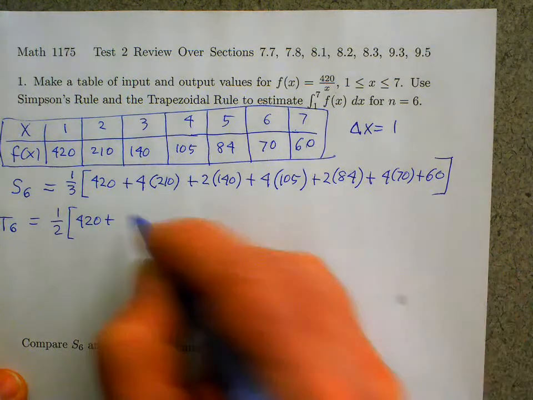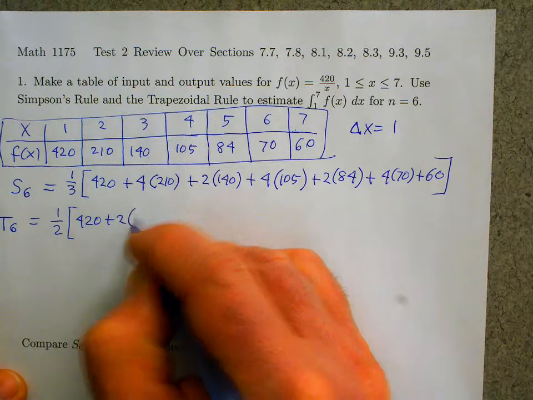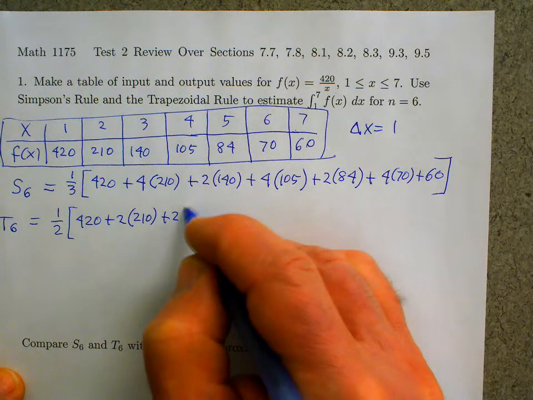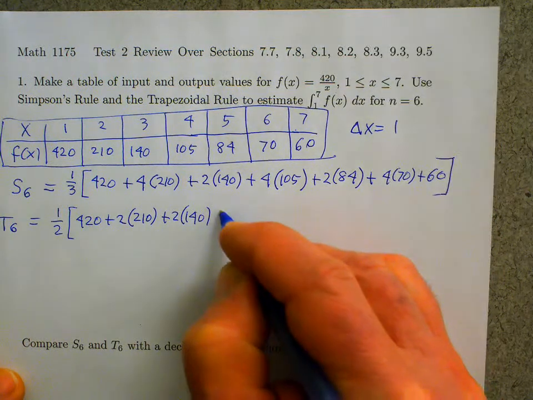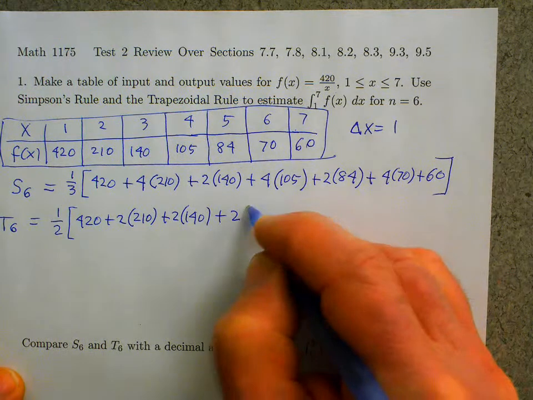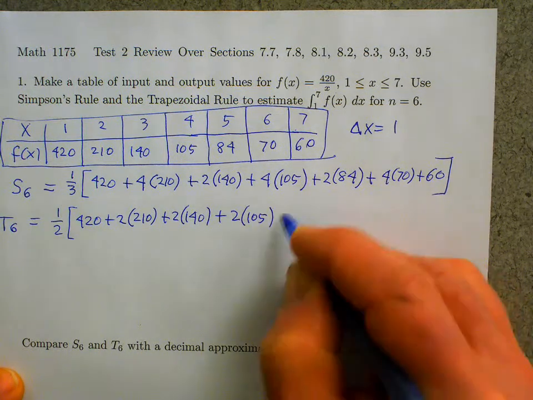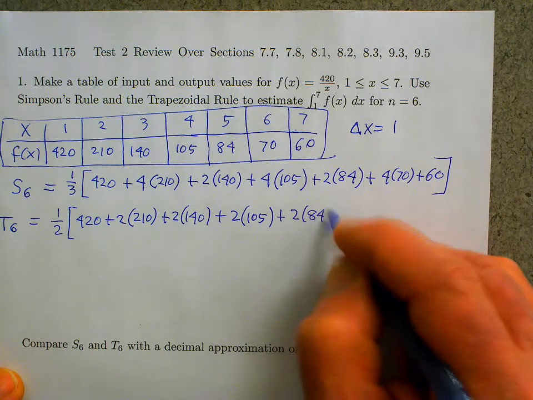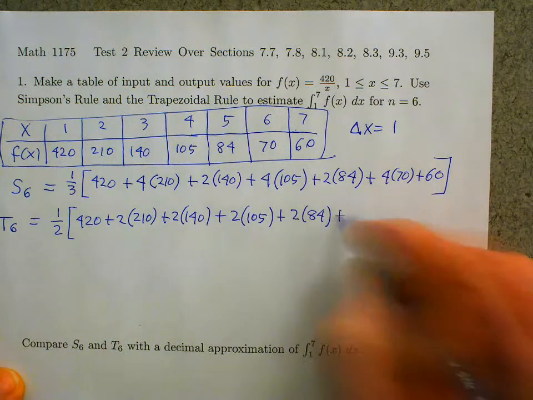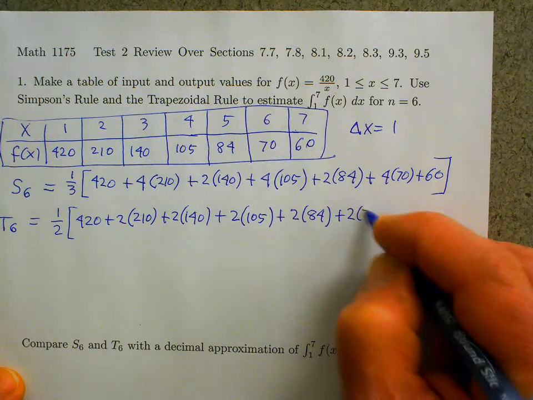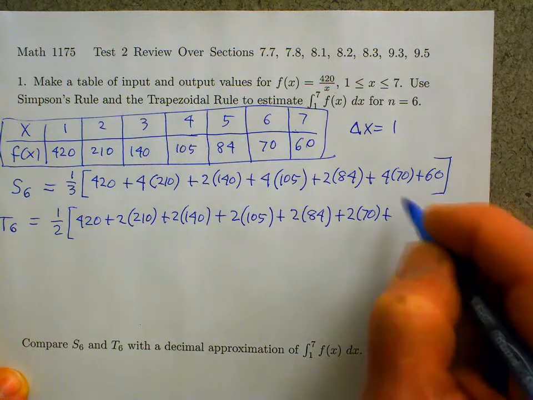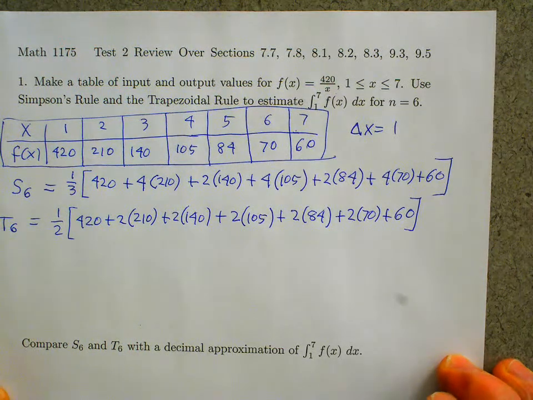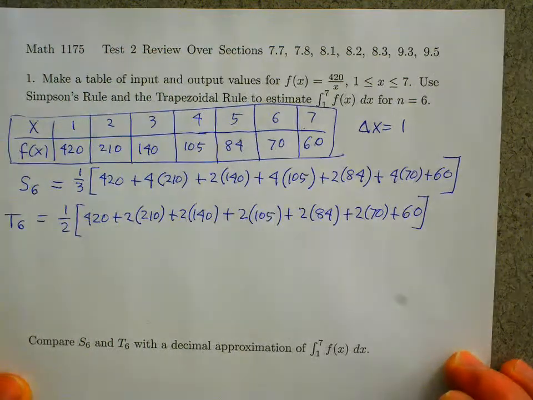And then plus 2 times f of 2, 2 times 210, plus 2 times f of 3, 2 times 140, plus 2 times f of 4, or 2 times 105, plus 2 times f of 5, or 2 times 84, plus 2 times f of 6, or 2 times 70, and then plus f of 7, or 60. Okay, so add those numbers up for the trapezoidal approximation.